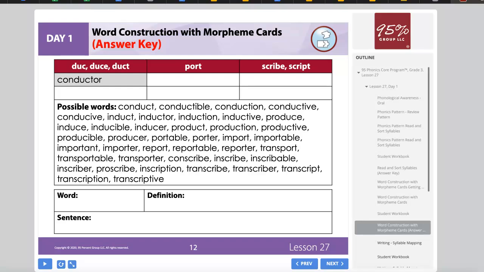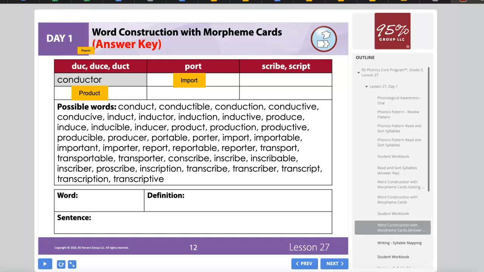Now I see another word with duct, and I see that as product. Now I'm looking for words that have port. I see the word import. I'm looking for another word that has port in it. What about report?